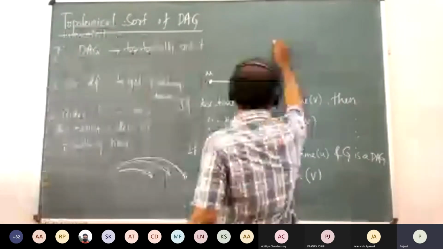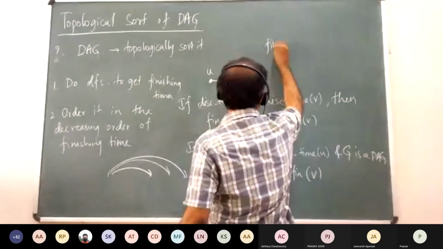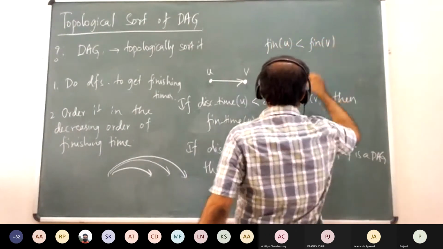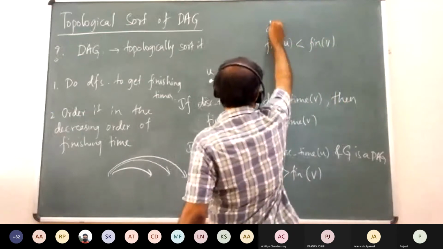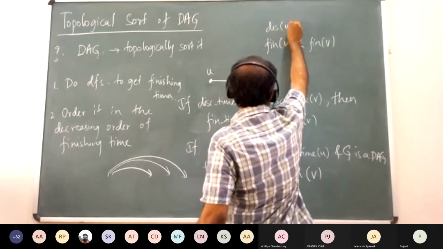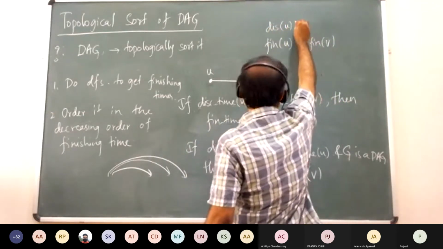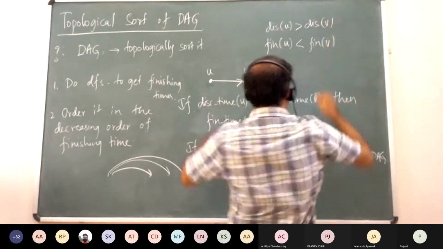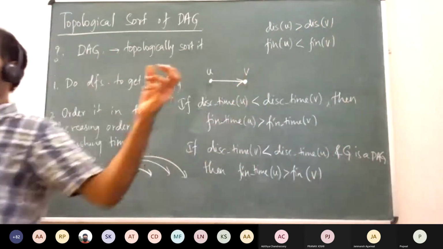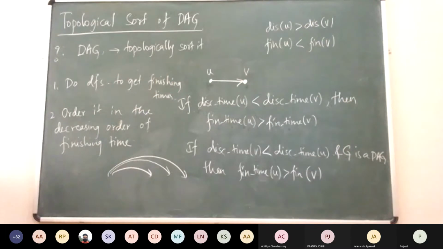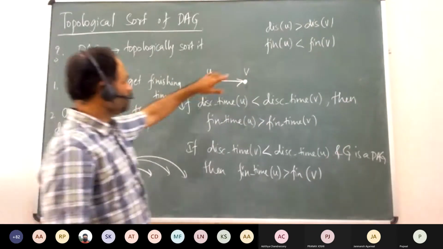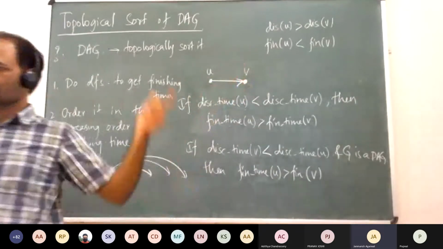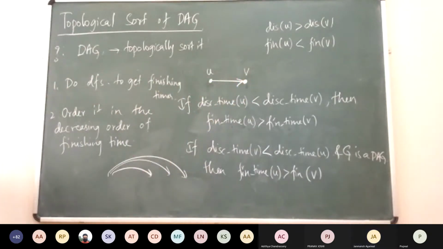So you say if finishing time of U is less than finishing time of V, since we already know that discovery time of U is greater than discovery time of V, U was discovered after V was discovered and it is finishing before V is finishing, then we know that U is a descendant of V. This is something we obtained yesterday.